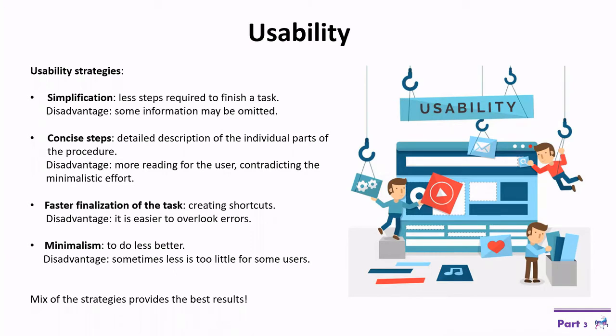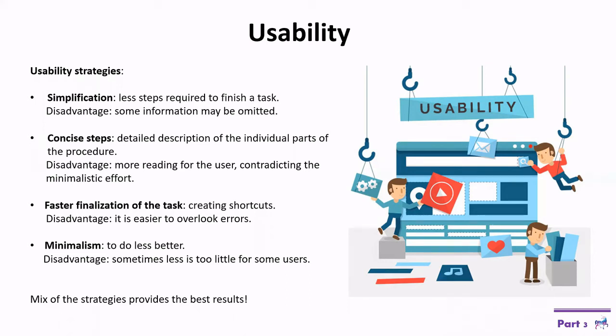That means the better you describe them, the better the user understands and can follow. On the other hand, that means the user has to read more, which contradicts the previous point. Faster finalization of the task is the way to create shortcuts.